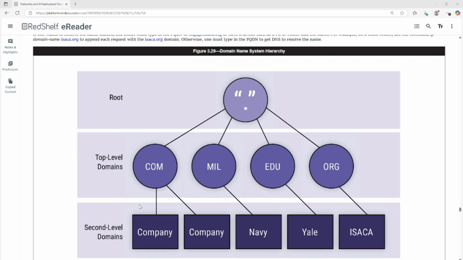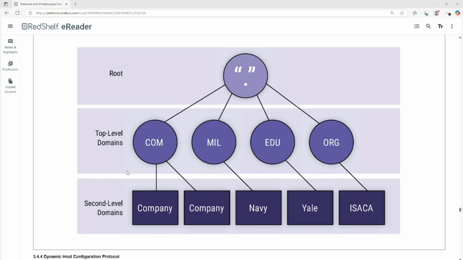So commercial companies, you mostly see them with the .com, or businesses. Military services, you probably see them with the .mil. Educational services, you probably see them with the .edu. And all other organizations, you probably see them with the .org. Second level domain names would be, that's what you see, like for instance, companies.